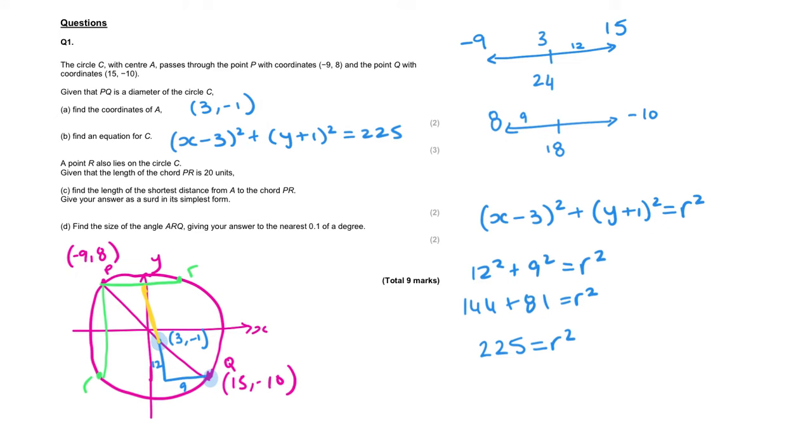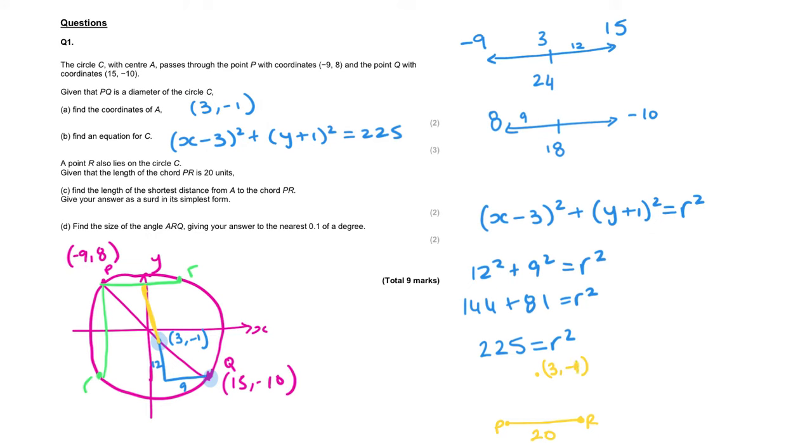If we know P to R is 20, we have a coordinate 3, -1.